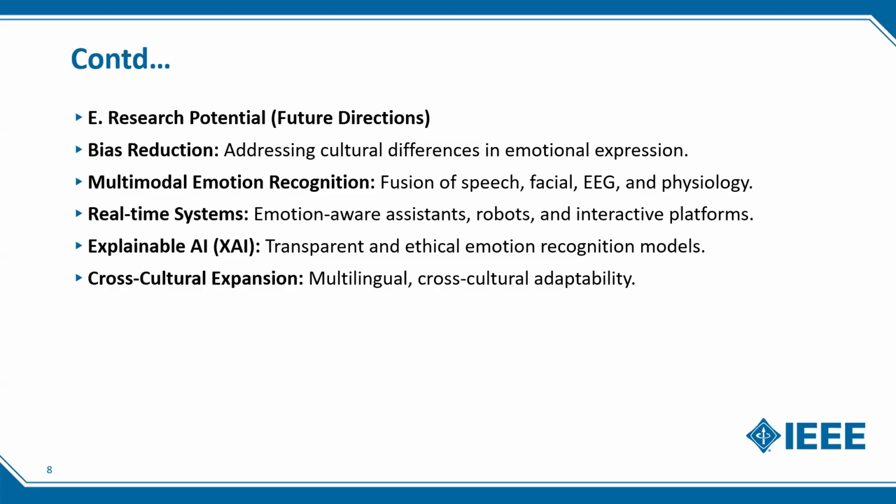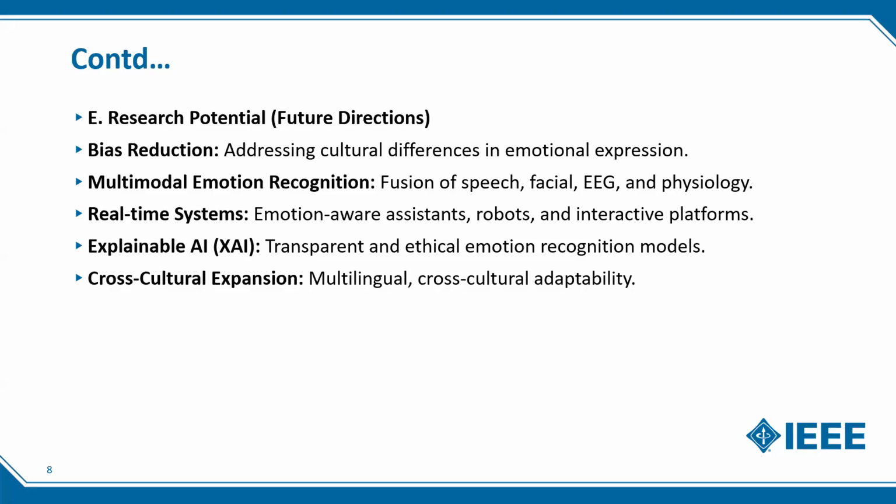And another area is explainable AI. Explainable AI is designed to make its decisions and predictions transparent, interpretable, and understandable to humans. Most AI systems now work as a black box. We feed some input, we get some result, and we don't know what is happening inside.